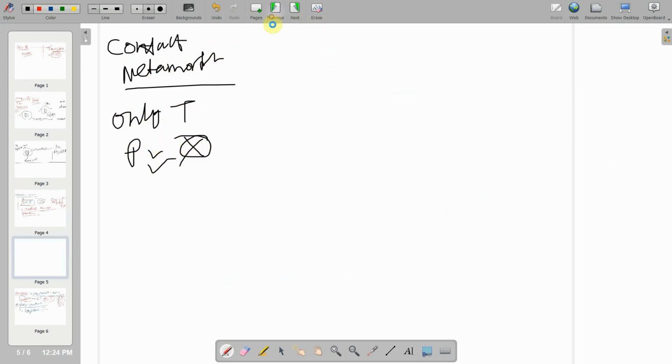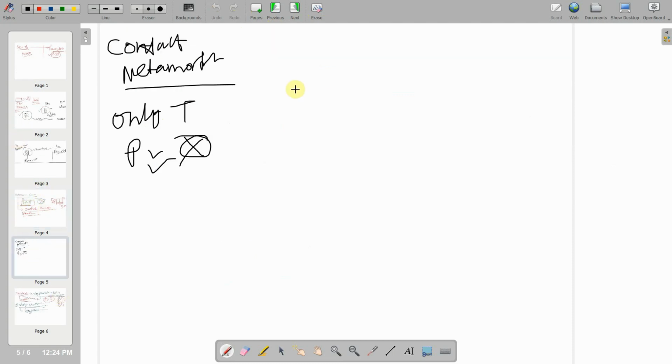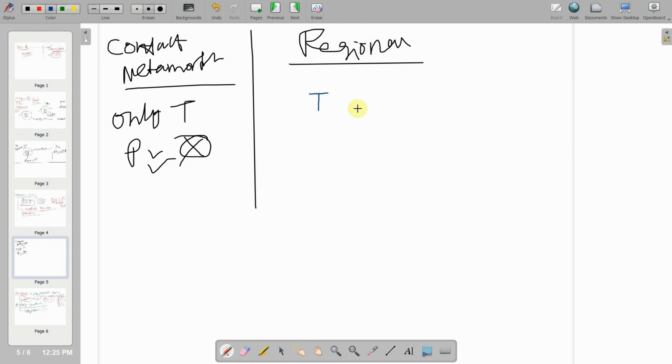In the case of regional metamorphism, the magma is moving and changing the surrounding rocks, and here the temperature and pressure both are working. Temperature is contributing, pressure is also contributing, then the process is called regional metamorphism.